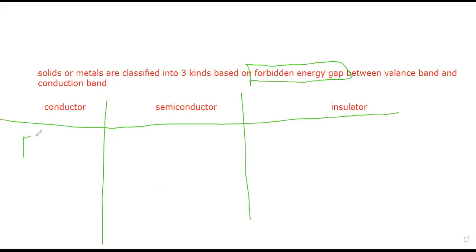In conductors, the conduction band CB and valence band VB overlap each other.